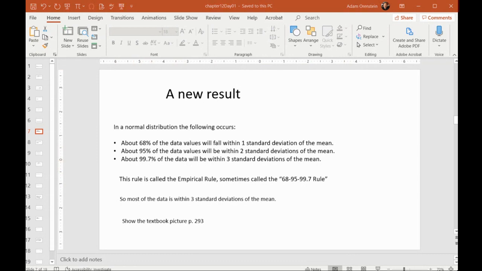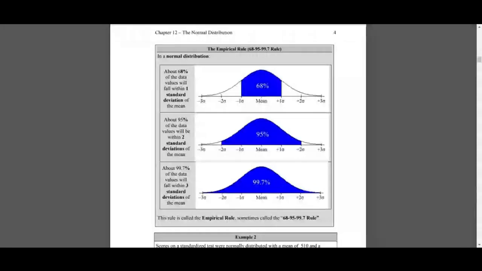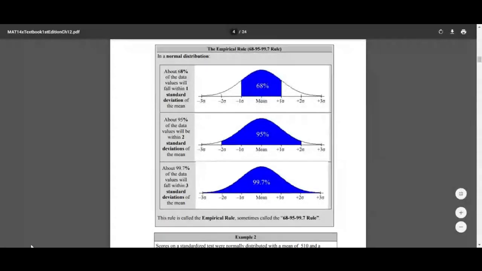In fact, let me show you the pictures that illustrate that. These are the pictures from the textbook. Now the textbook, again, you could download for free. So let me just open that up. Here we go. As you can see here, at the top, 68% of the data is within 1 standard deviation. Sigma here, they have this notation.